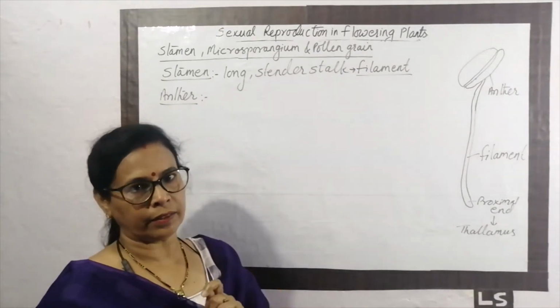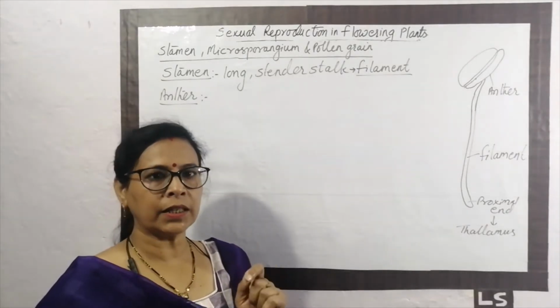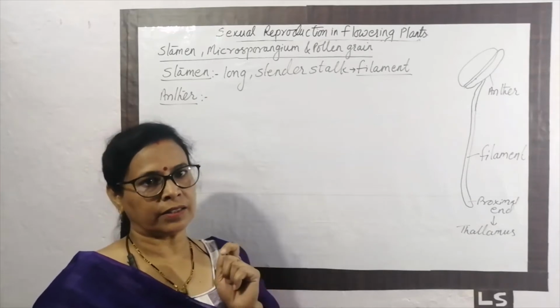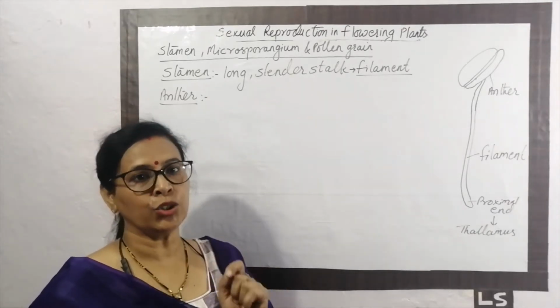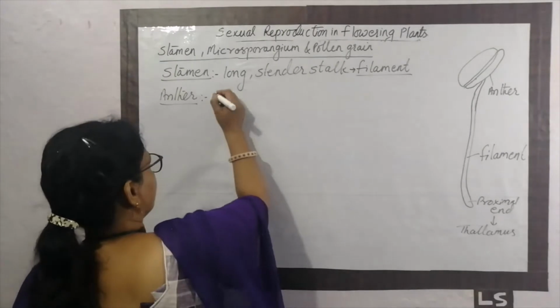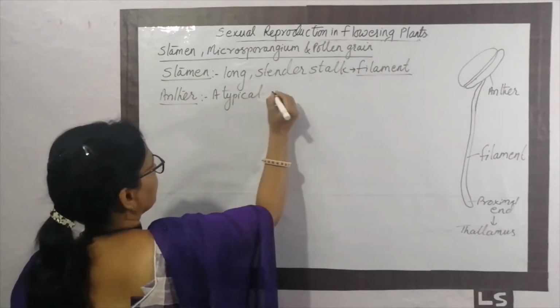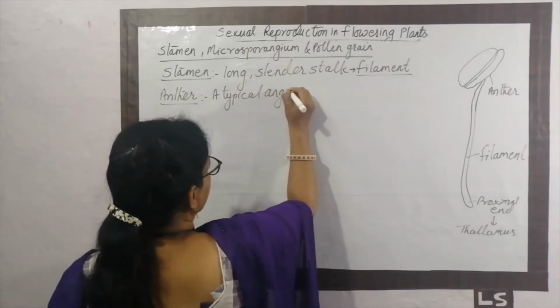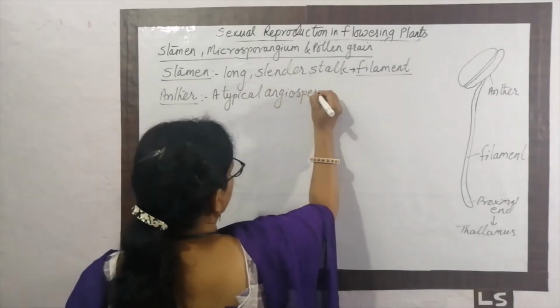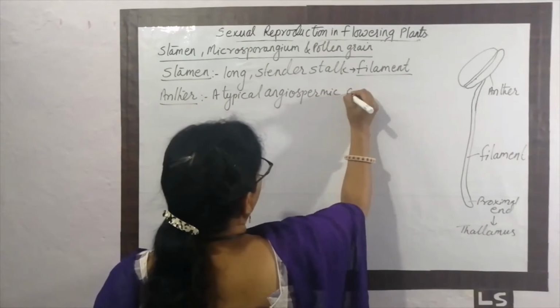Now how does the anther look, or what is the structure and shape of a typical angiospermic anther?